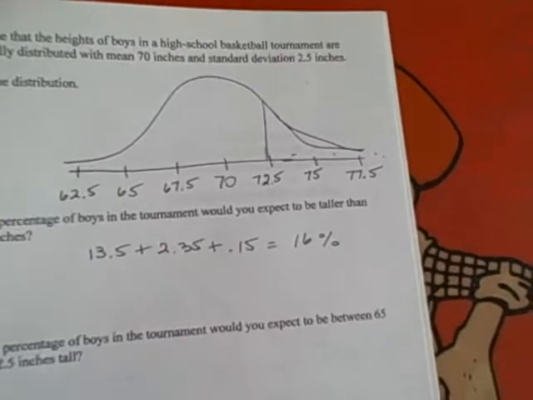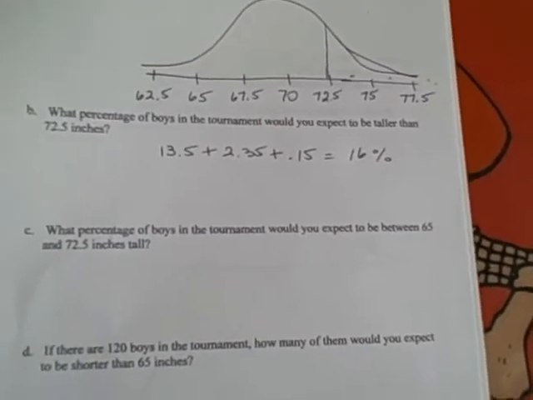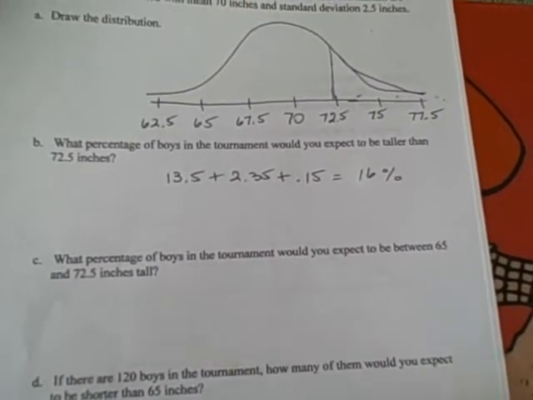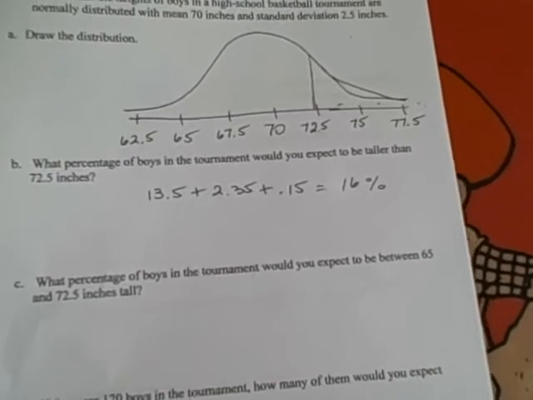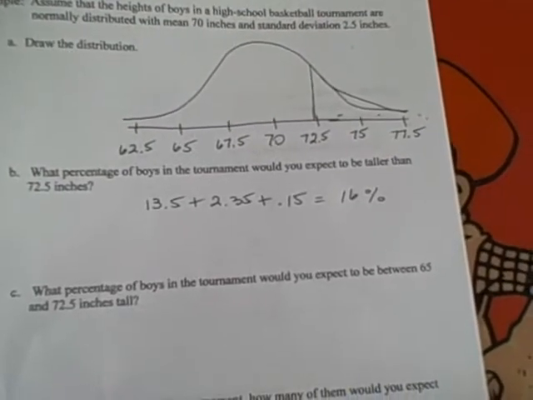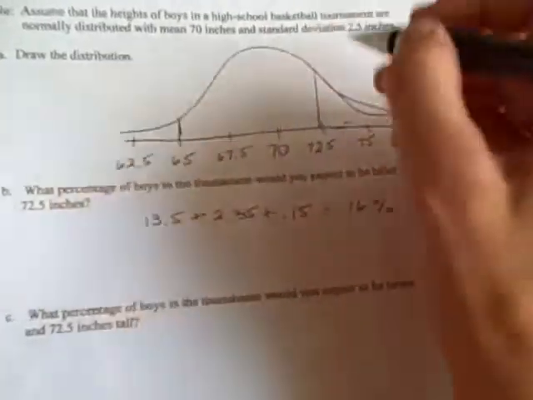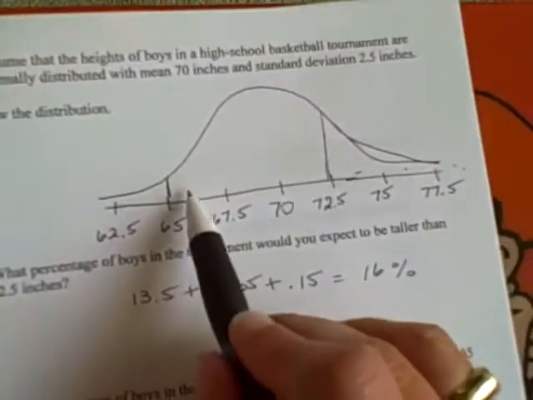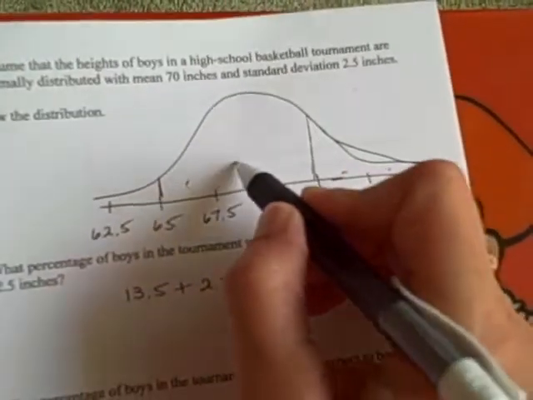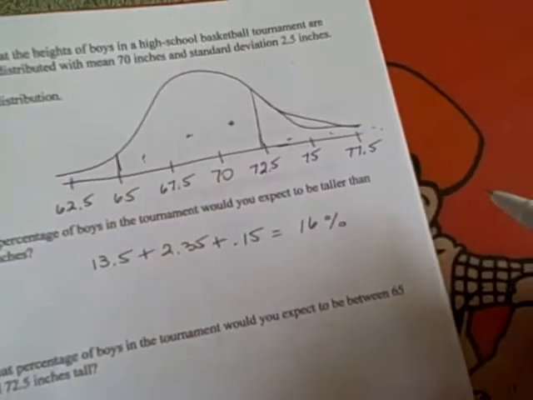All right. What percentage of boys in the tournament would you expect to be between 65 and 72.5 inches tall? So now we want from here up to here, okay? So we want this section, and this section, okay?